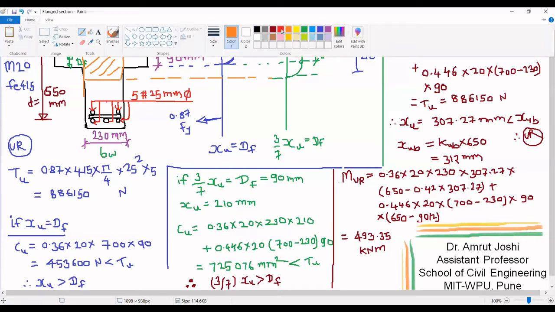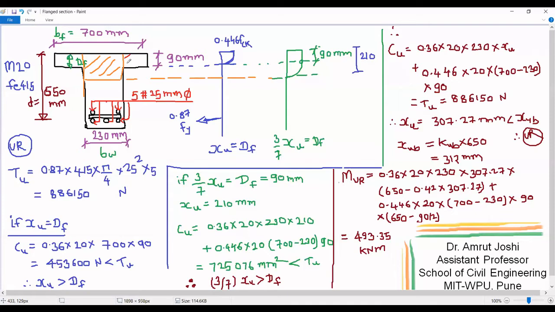Now we need to add the contribution of the remaining portion. So the width of the remaining portion is going to be equal to BF minus BW, that is 700 minus 230. On this entire remaining portion, the value of stress is going to be constant, which is 0.446 FCK. Therefore, I write 0.446 into FCK into 700 minus 230 multiplied by the depth of flange, that is 90 mm.